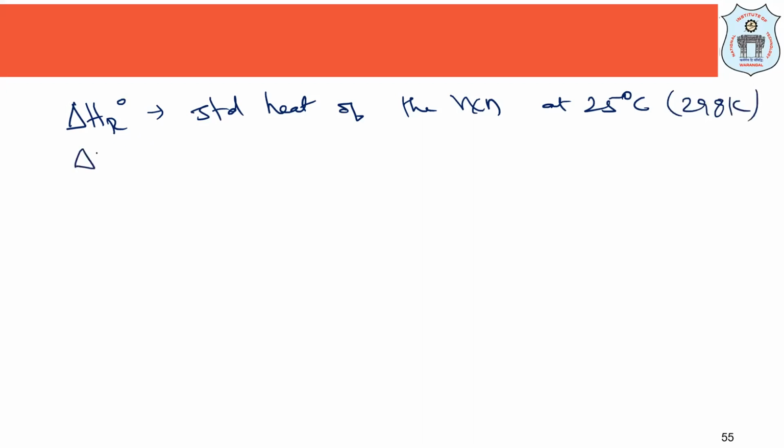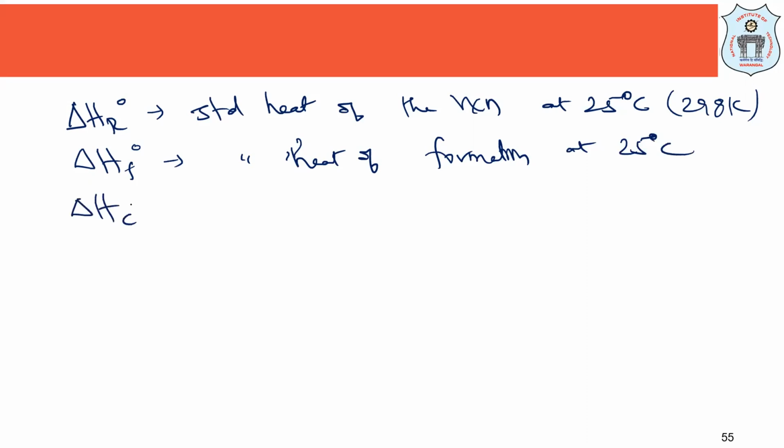And delta HF naught is the standard heat of formation at 25 degrees Celsius, and delta HC naught is the standard heat of combustion at 25 degrees Celsius. That way, we will be writing delta H value, enthalpy change only.